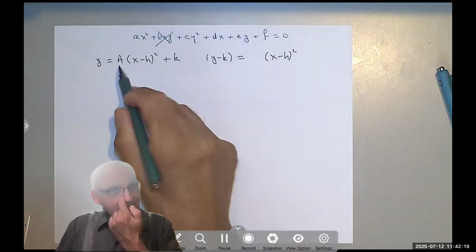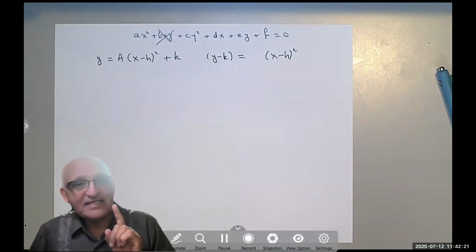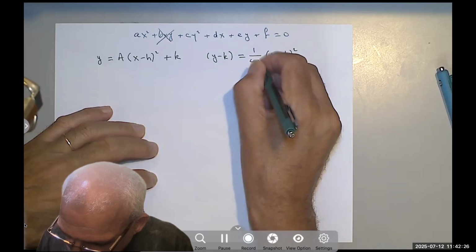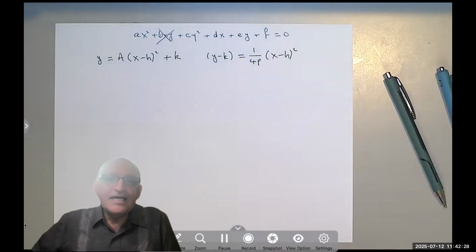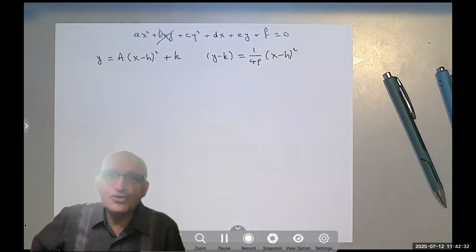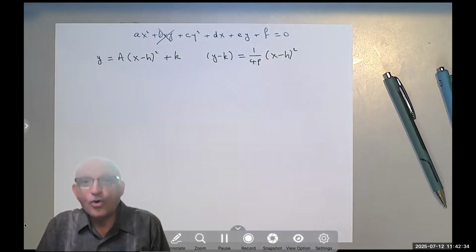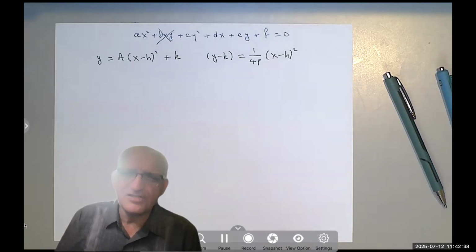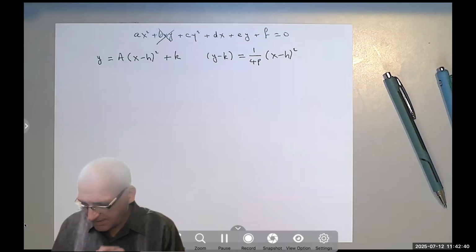Now, this letter A is basically equal to 1 over 4p, where p here is the distance from the vertex to the focus, or the distance from the vertex to the directrix. So let's take it one step at a time.